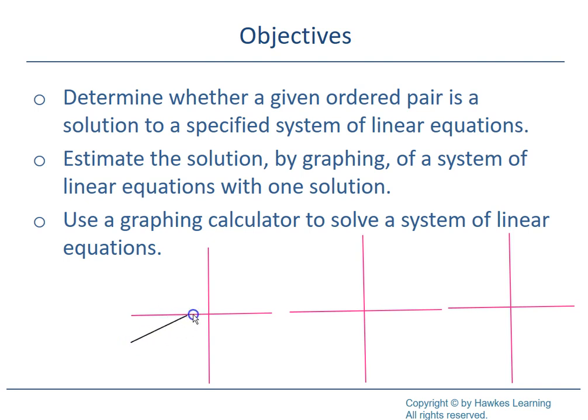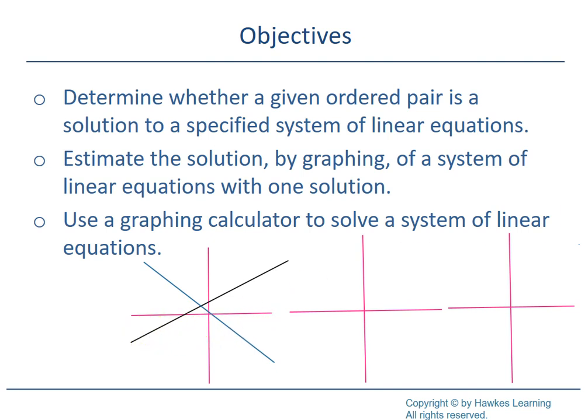And let's say you get a line that looks like so. Now, this is positive slope. Now, suppose, as part of our scenario here, we get a second equation, whether it's in standard form or slope-intercept or whatever, and the graph looks like so.